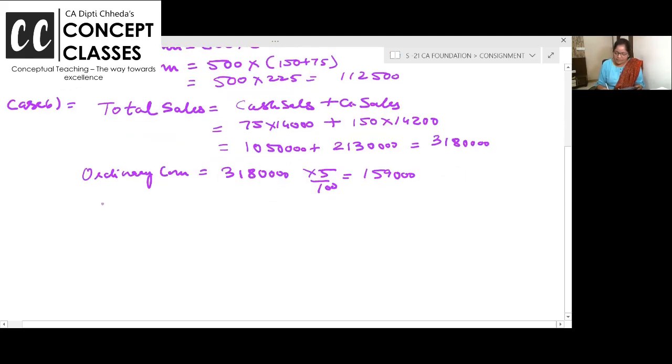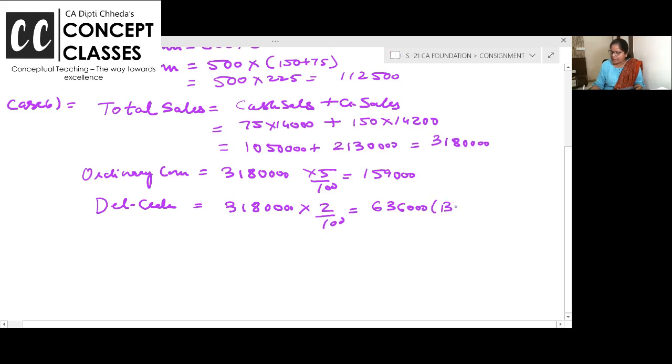And what is the Del Credere commission? On 31,80,000, Del Credere commission is where bad debt is your responsibility. 31,80,000 into 2%.